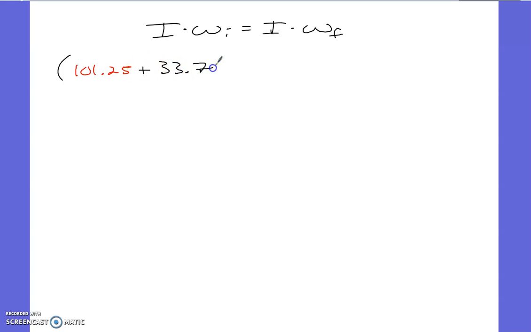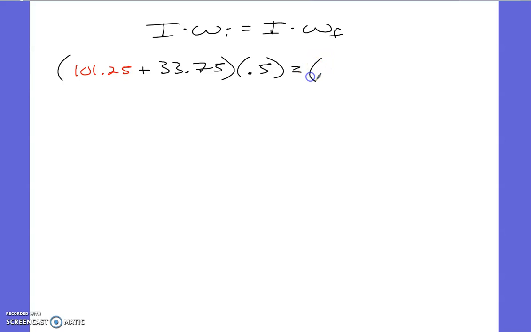Now we go to our formula and rewrite it. The moment of inertia times the initial angular velocity equals the moment of inertia times the final angular velocity. I'm going to replace this moment of inertia with the two values that I have, 101.25, which is the boy, and 33.75, which is the moment of inertia of the merry-go-round. We were also told that our initial angular velocity was 0.5.